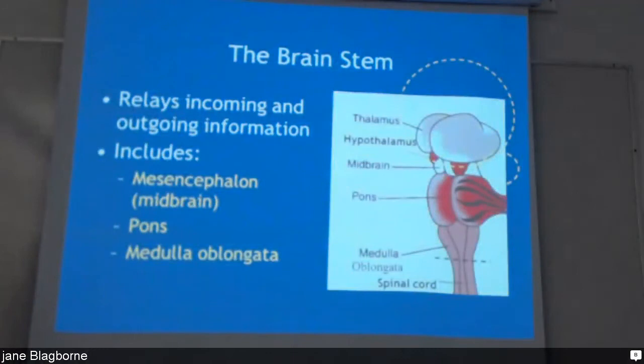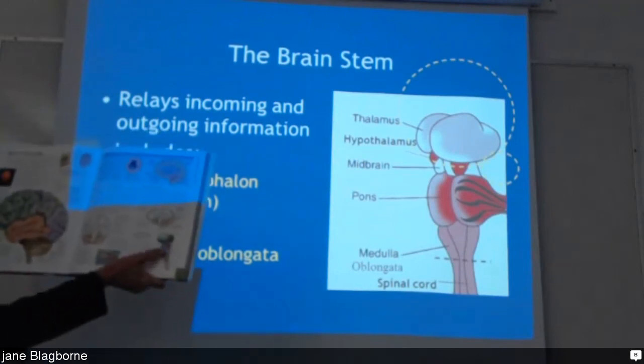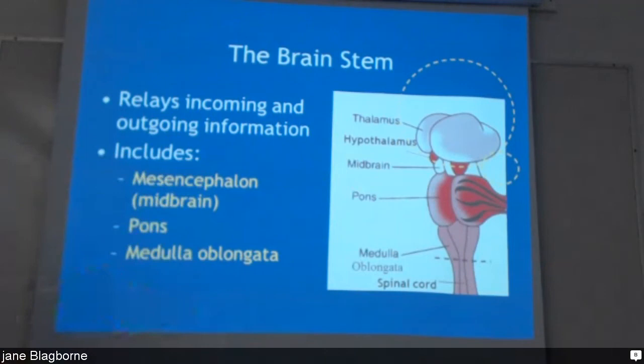The brain stem, it's the relay station, of course, as it comes out of the head. Right here is the brain stem as it's coming out. So the brain stem does go down into the spinal cord, and so it does have the vertebrae around part of it.